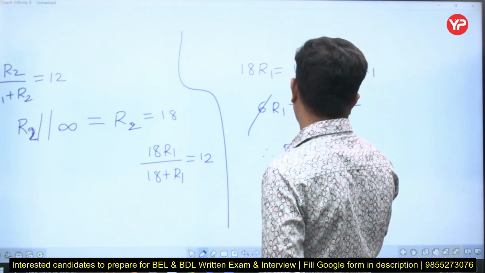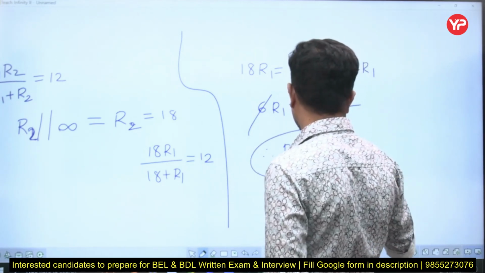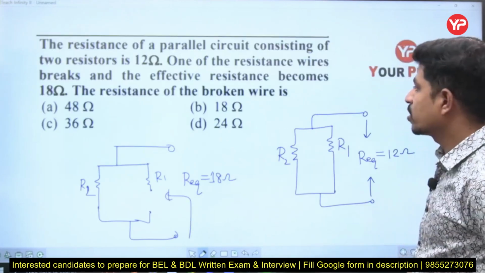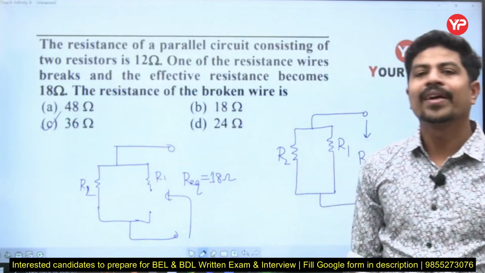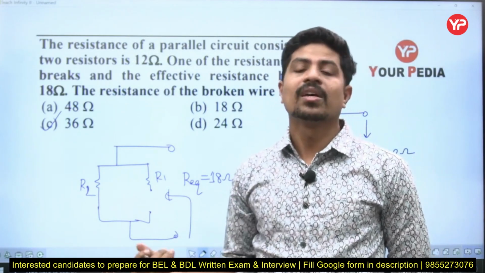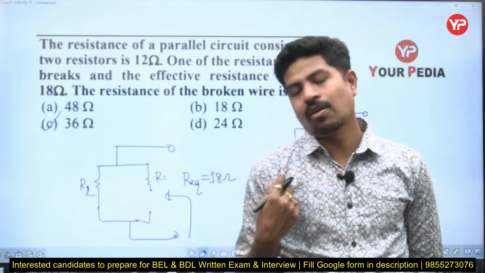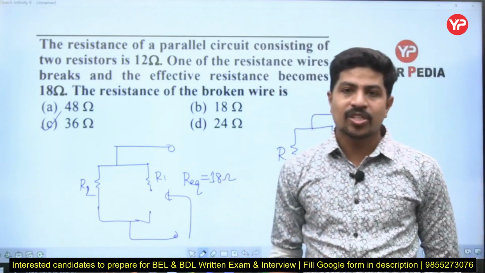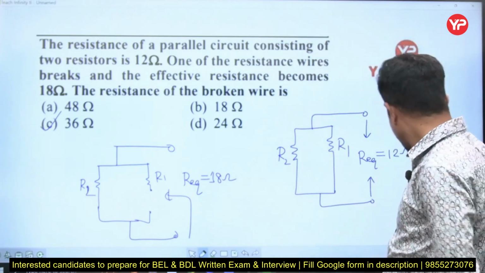Therefore R1 is equal to 36 ohms. Good question, it is a simple question. For your explanation purpose I took this much time, otherwise it's a matter of only 2 steps. There is a lot of probability in your BEL examination to ask this kind of question.